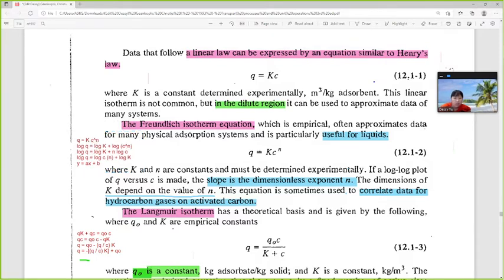So from this equation we get log q, n log c, and log K. This equation is similar to what we get if we insert a trendline in Microsoft Excel.